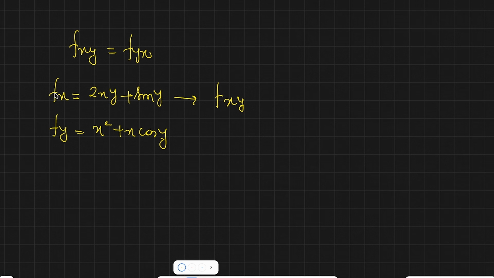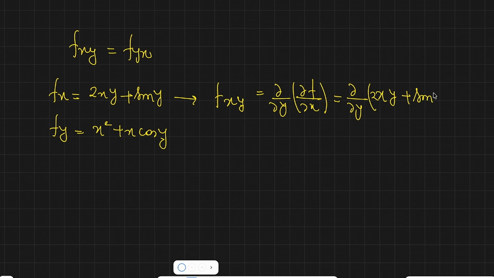It means the first derivative is this, so this is the partial derivative with respect to y of 2xy plus sine y. With respect to y, 2x is constant, derivative of y with respect to y will be 1, derivative of sine y will be cos y, so it will be 2x plus cos y.